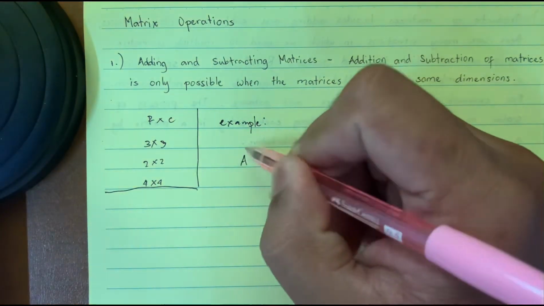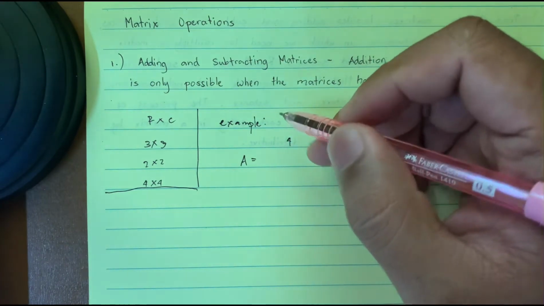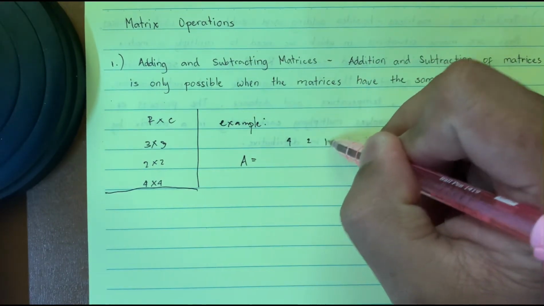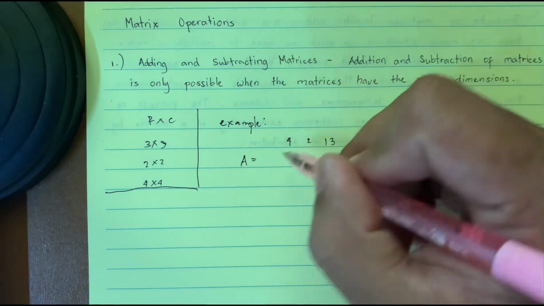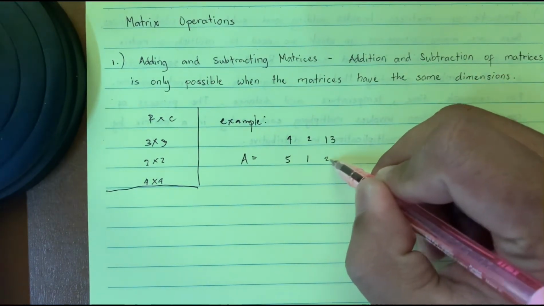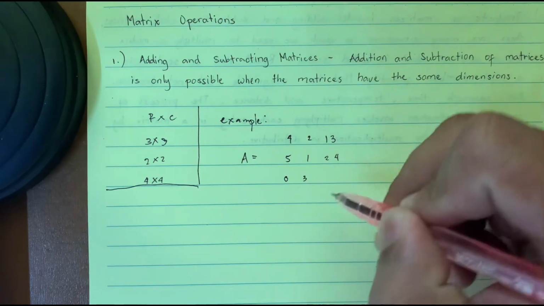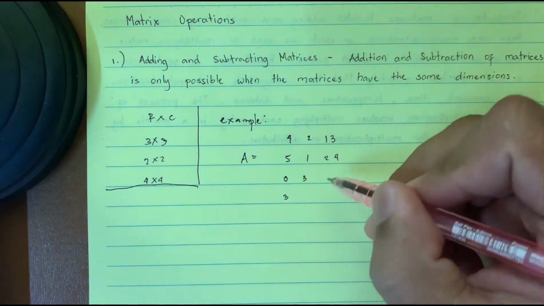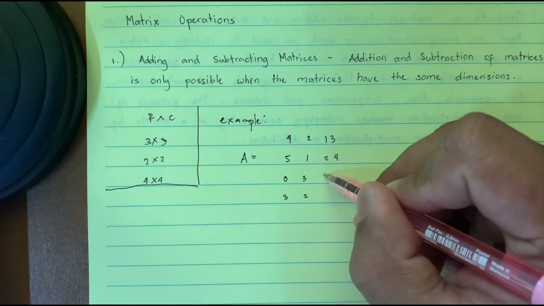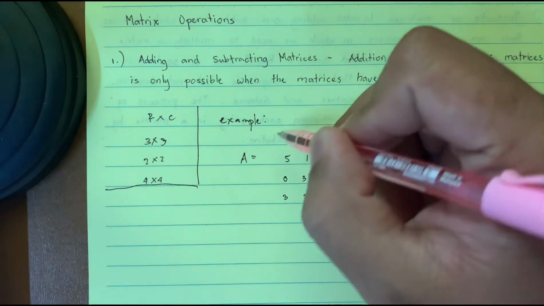A is equal to 4 2 1 3, 5 1 2 4, 0 3 3 2 5 1 1 6.